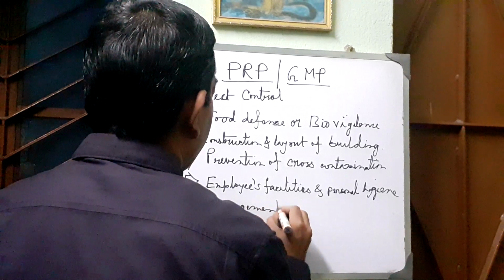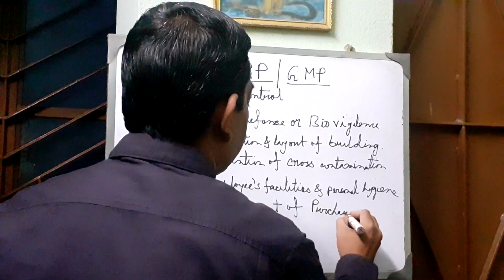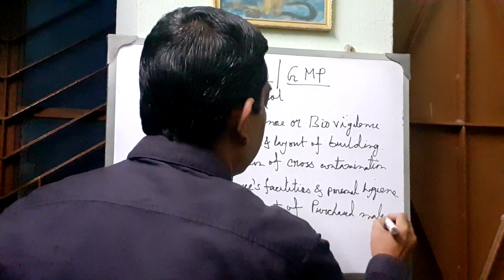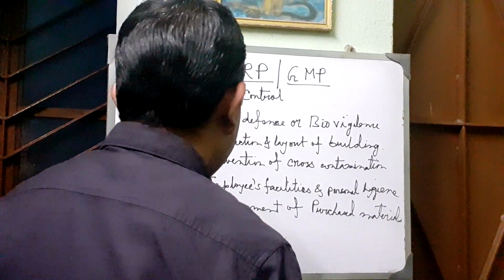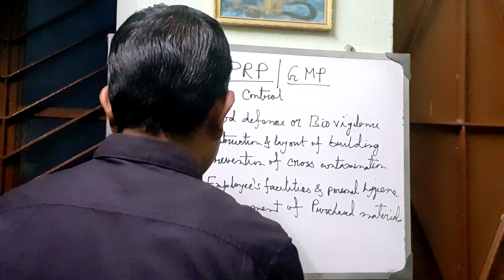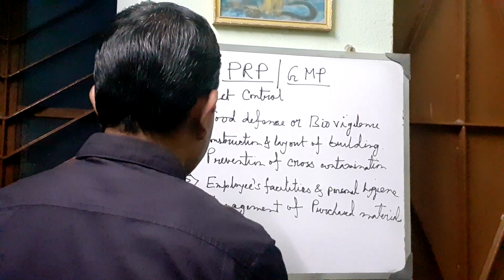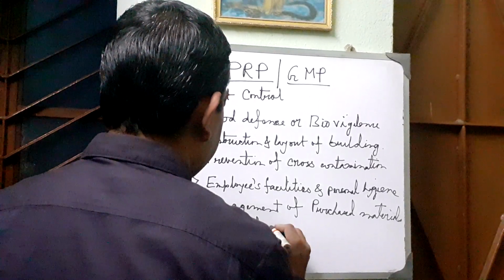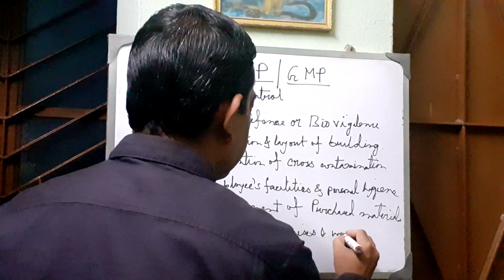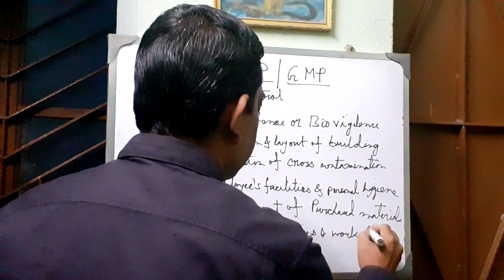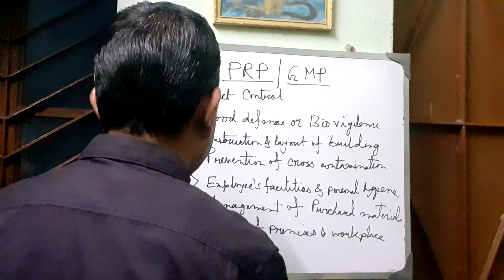The seventh one is layout of premises and workplace. The eighth one is food information.